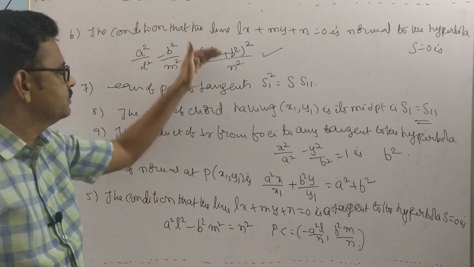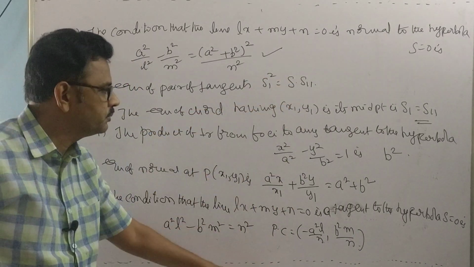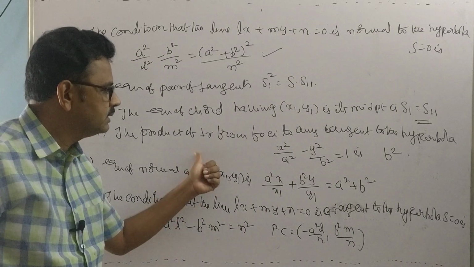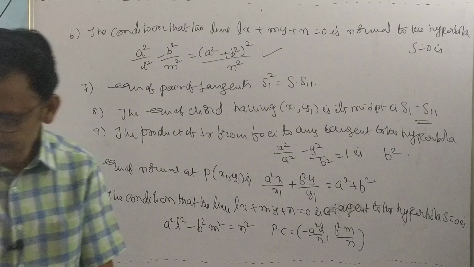So all these points in ellipse we will discuss each and everything. I gave the proofs also, but the only difference is in place of b square, simply put minus b square.